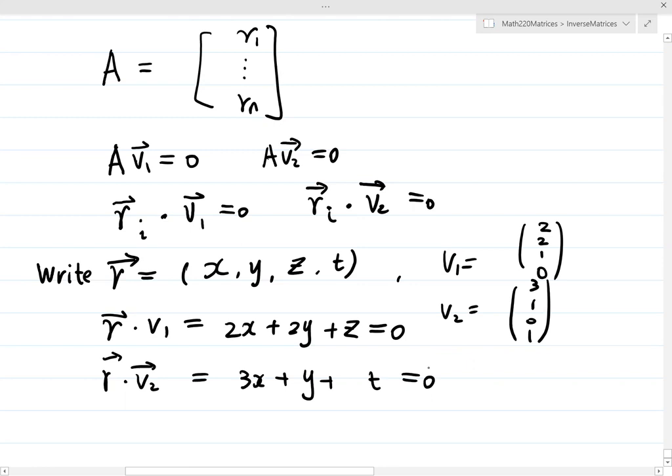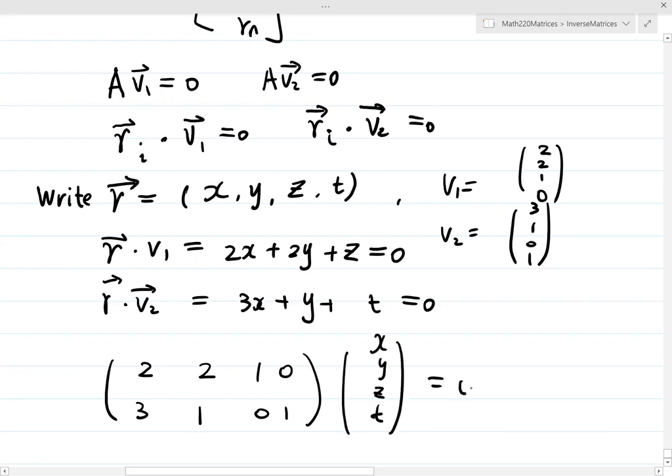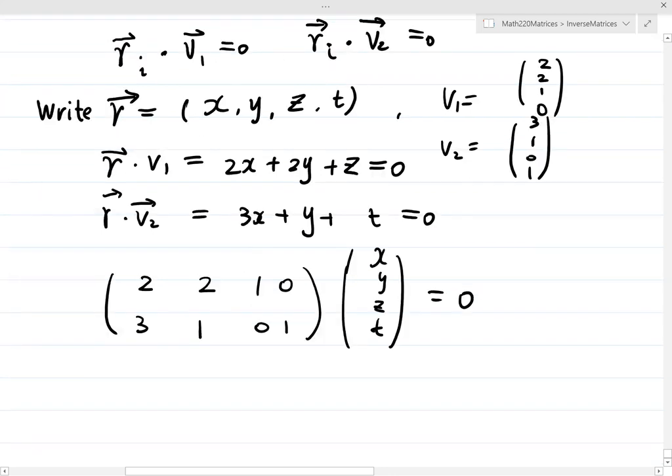So if we write this in matrix form, this will be the matrix with rows (2, 2, 1, 0) and (3, 1, 0, 1) times (x, y, z, t) equals 0.